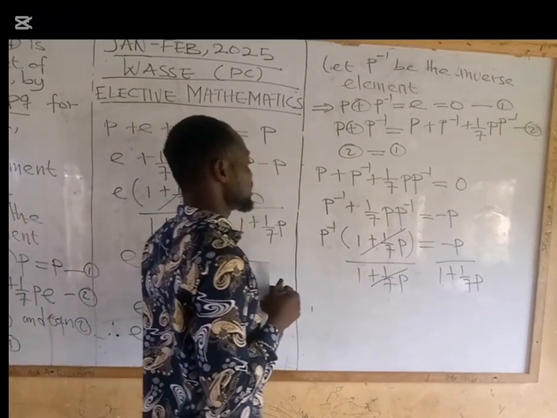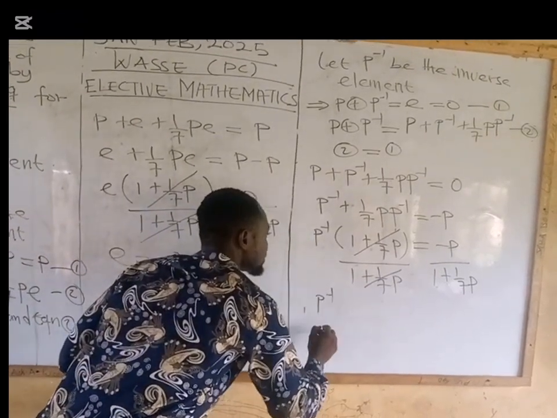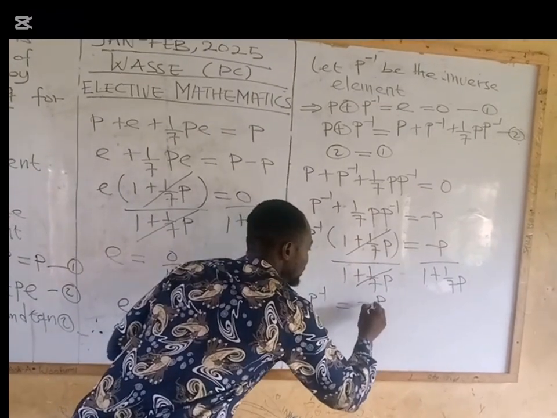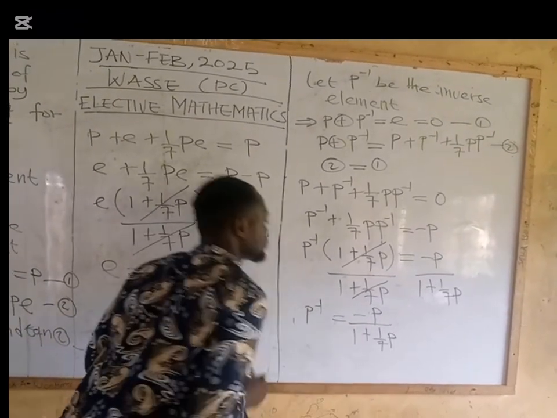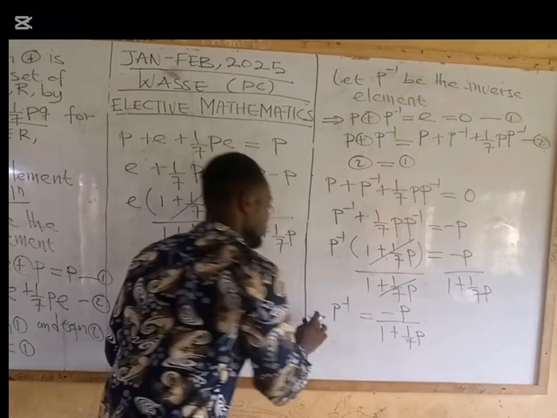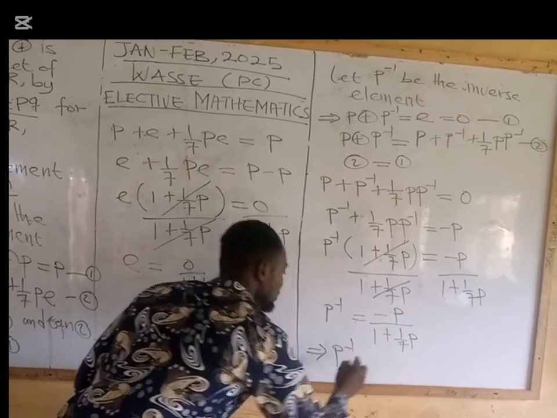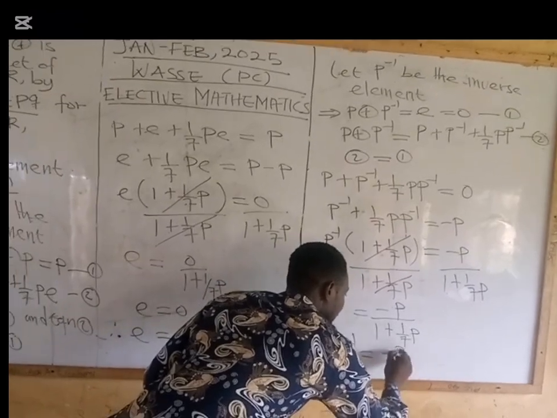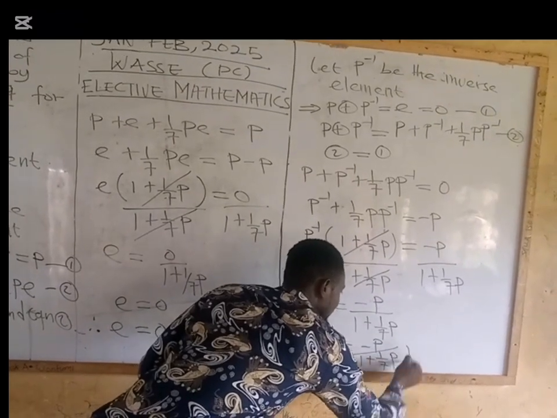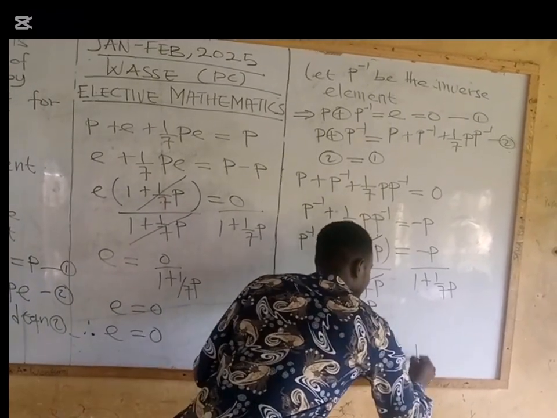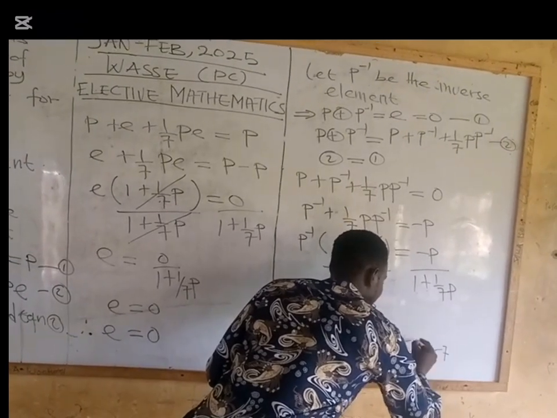So we are left with P inverse equal to negative P all over 1 plus 1/7 P. So in conclusion, we have P inverse equals negative P all over 1 plus 1/7 P, such that P should not be equal to -7.